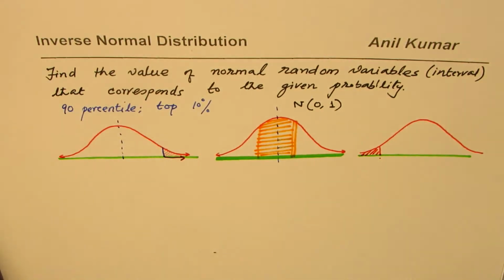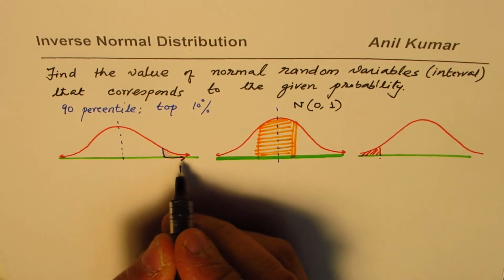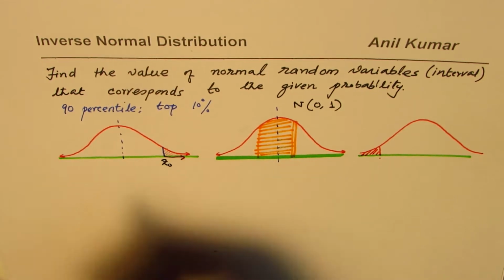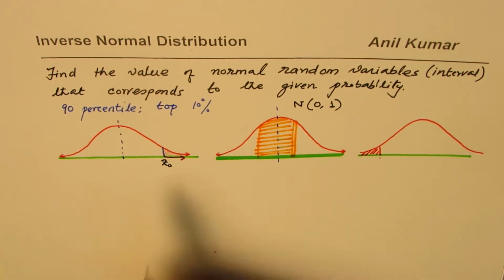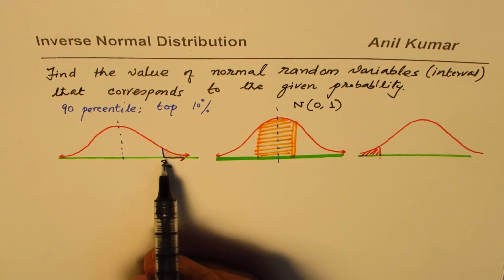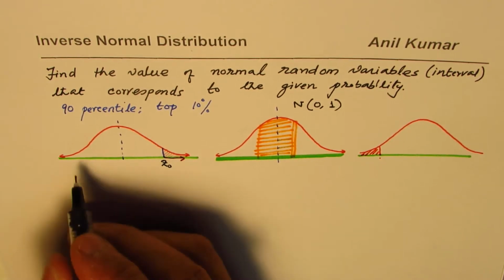So what we are trying to find here is that Z scores are given. We'll call this Z0. That particular score which we want to find is the value of the random variable which is going to satisfy the condition. So in this particular case, let's find the probability.